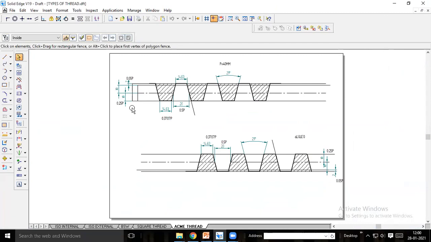For the Acme thread, the H value is, see here, 0.25 P plus 0.05 P. This is the clearance. Okay, so the H value is 0.25 P plus 0.05 P. You assume that the clearance is 0.05 P.